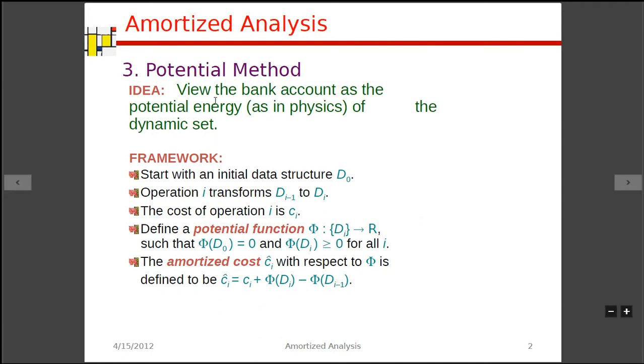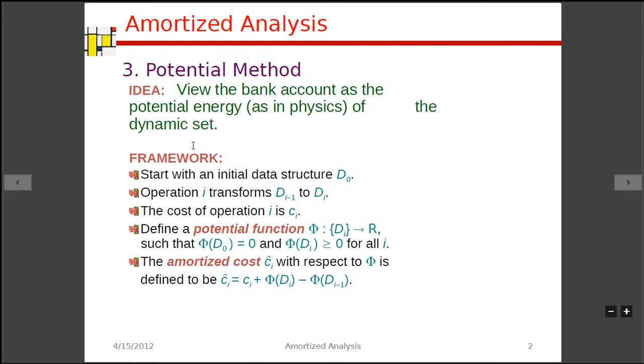The idea of the potential method is like a bank account. It views the bank account as the potential energy of the dynamic set. That means on the basis of previous transactions, it will try to identify how much potential a particular bank account has. And depending on that, it will identify how much investment can be done in that particular account.